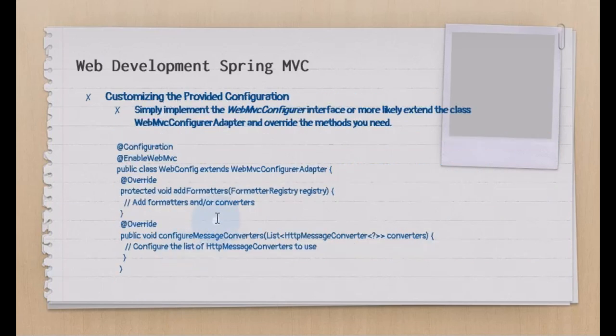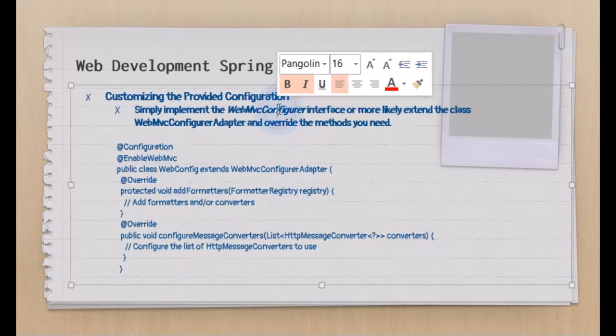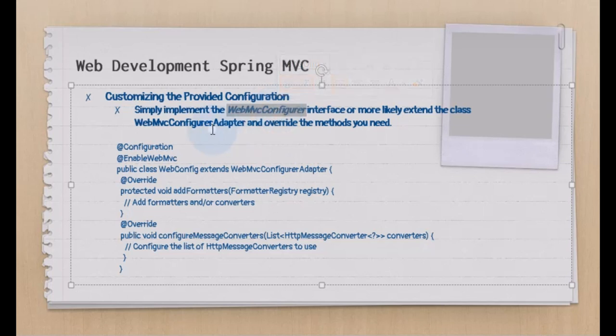So what we have to do is extend our WebConfig from either the WebMvcConfigurer, which is an interface, so we have to implement the interface and its methods, or what we do is that Spring MVC has already given us the WebMvcConfigurerAdapter, which we extend and override the methods that are required. There are n number of methods out there for this particular WebMvc.